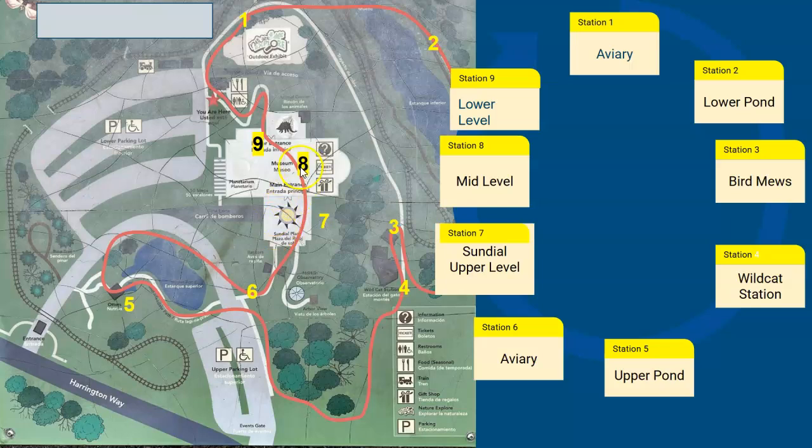8 is the mid level, so you go down the stairs, and your station 8 is things on the mid level. 9 is the lower level, and the lower level has some kind of younger kid stuff. There's some fossil stuff, and there's also animal exhibits all the way to the side of it.